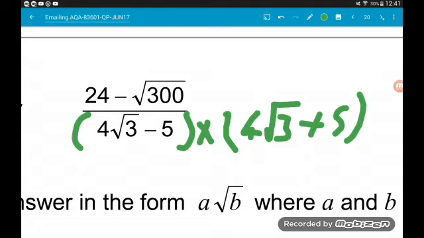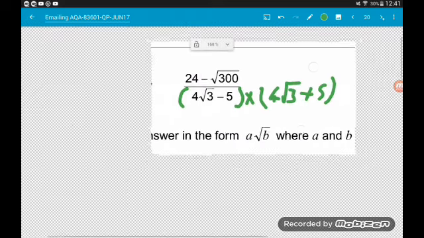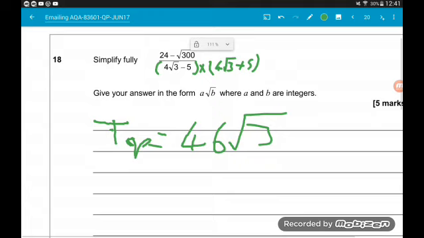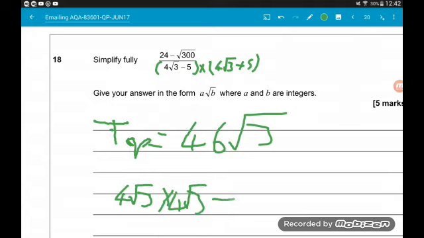When we use the difference of two squares, we get the first term squared minus the second term squared. So here, we're going to get 4 root 3 squared, which is 4 root 3 times 4 root 3 minus 5 squared, so minus 25.